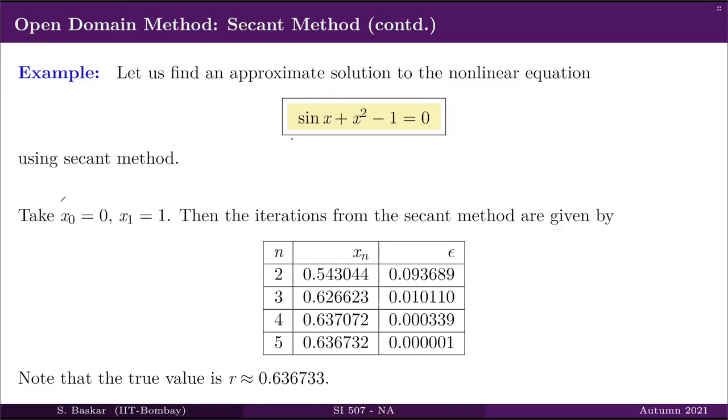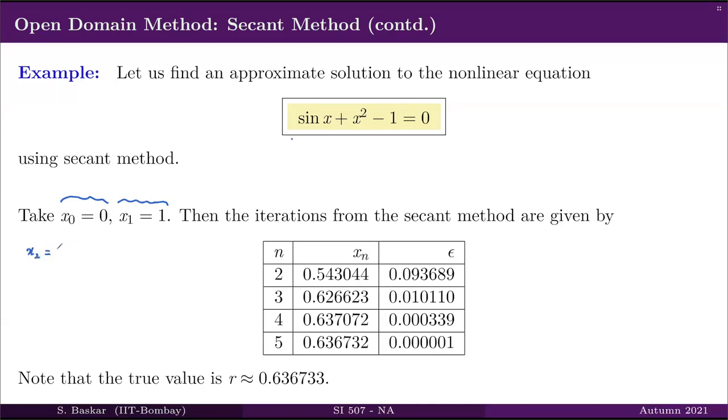Now, let us take x0 equal to 0 and x1 equal to 1. Note that for the secant method, we don't need to choose x0 and x1 on either side of a root, but I am simply doing it here in order to see the performance of the secant method when compared to the bisection method. Given x0 and x1, we have to find x2.